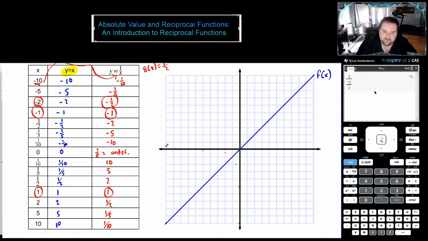So now we have part of our graph, right? It goes through this point. Oh, I'm not drawing very well. I'll try to do this a little better. It goes through this point and that point, and then comes down, and it never touches your asymptote, which is your vertical asymptote, x equals 0.